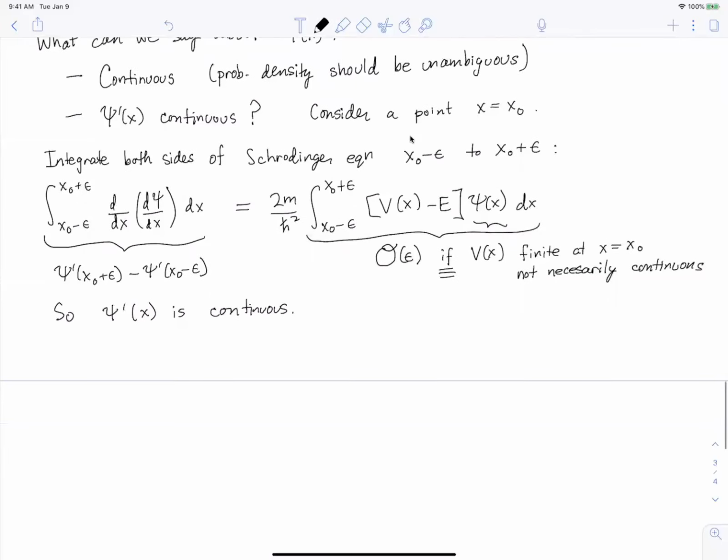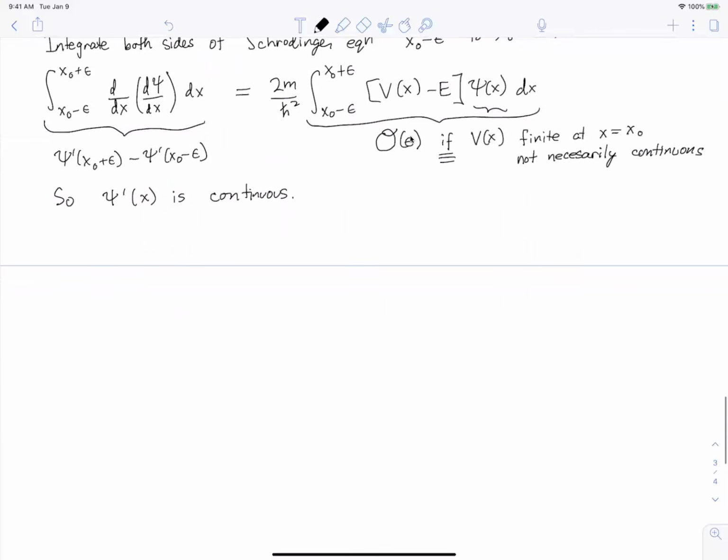Okay, now we have to worry about, though, what happens if the potential blows up. And this is not just a trivial thing, because remember, for example, in the hydrogen atom, that's a 3D problem, so it's a little bit different, but the potential does blow up, in fact. So potentials don't have to be finite. And so one thing you can ask is, what if, for example, it has a delta function?